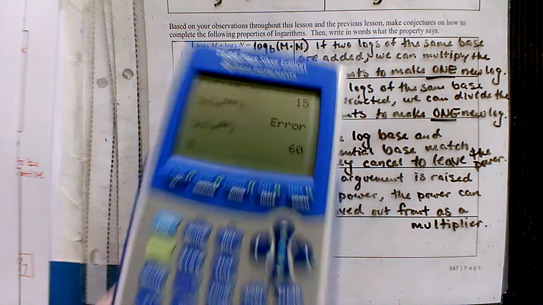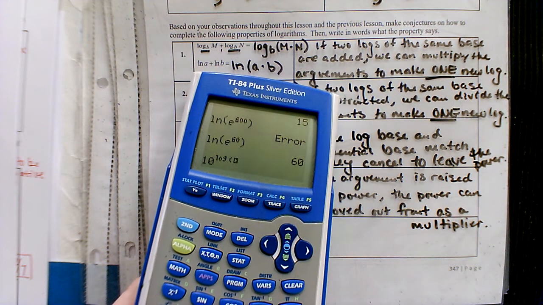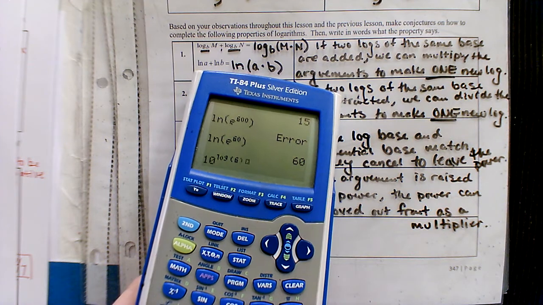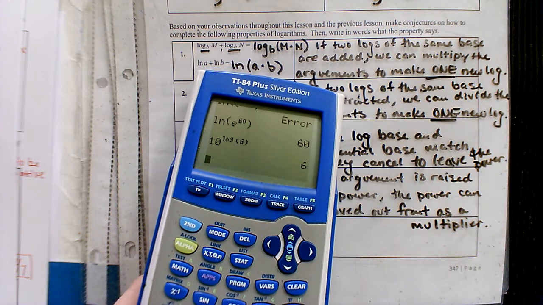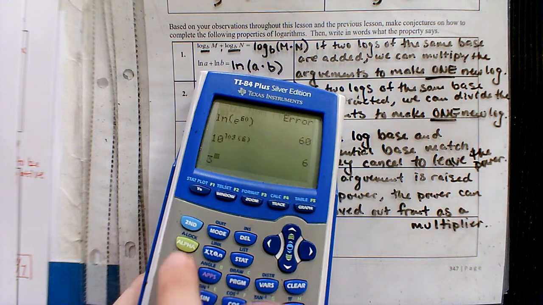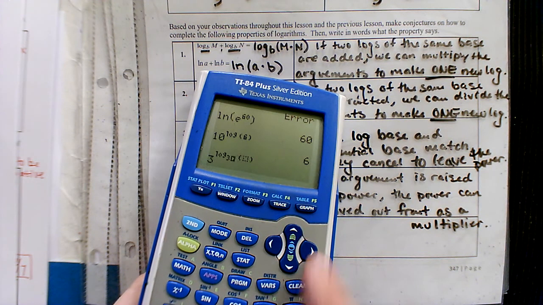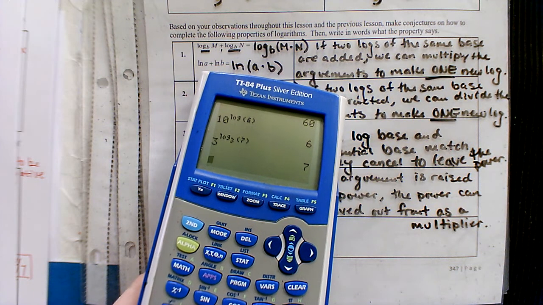Should we try a few on our calculator? We'll do 10 to the log of 6. We're left with 6. Let's do 3 to the log base 3 of 7. We get 7.